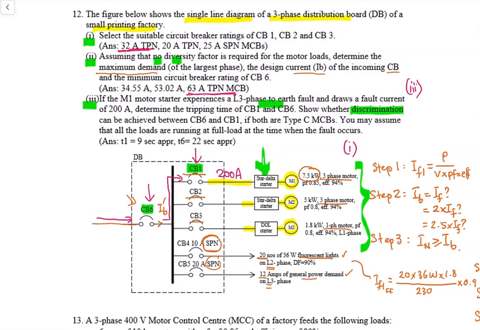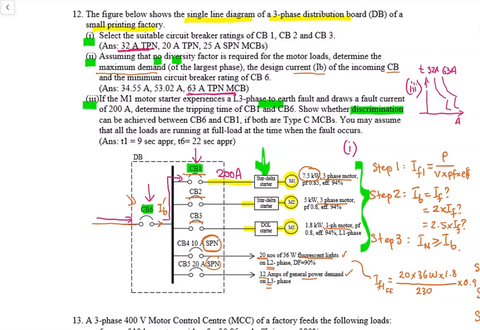So I go to the time current curve. Remember, time current curve is time here and current here. I look for the curve for 63 ampere and the 32 ampere, right?